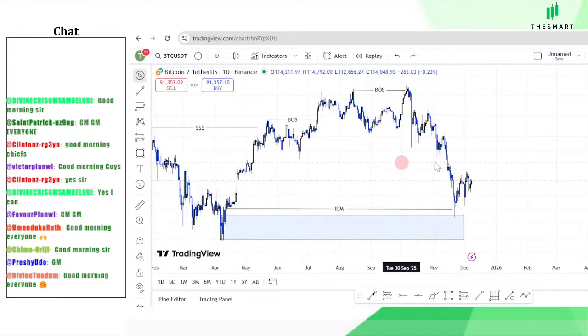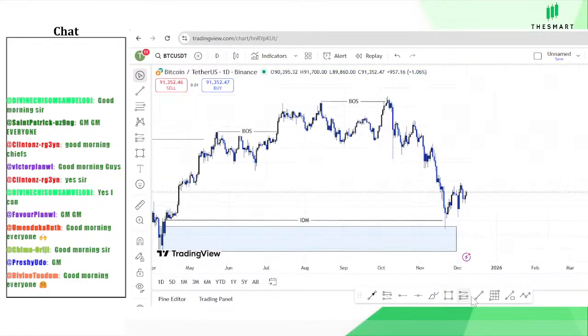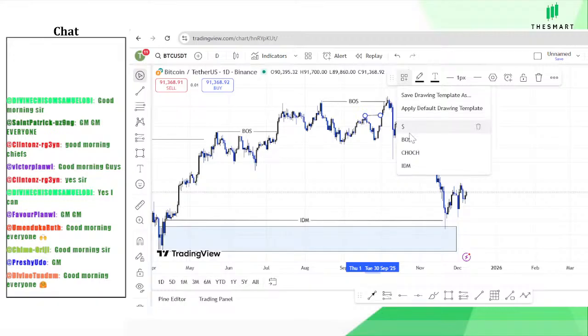So let's mark our internal structure from this level to this one, because that's the most recent price action we have to look at now. Looking at this price action, you can see this is the last push to the upside. So at this point, we had our break of structure to this point, an internal break of structure at that level.